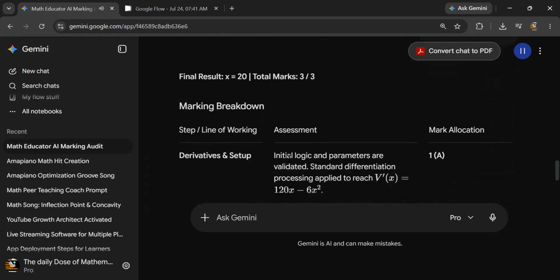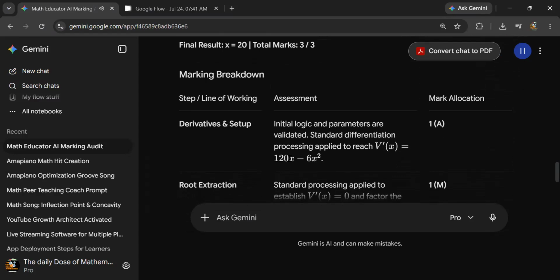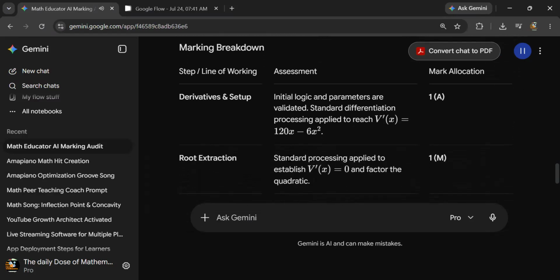Marking breakdown. Step, line of working. Assessment. Mark allocation. Derivatives and setup. Initial logic and parameters are validated. Standard differentiation processing applied to reach V'(x) equals 120x minus 6x squared. 1A. Root extraction.